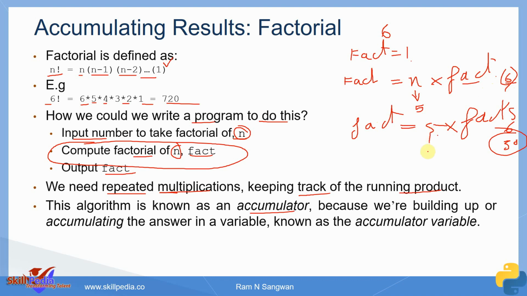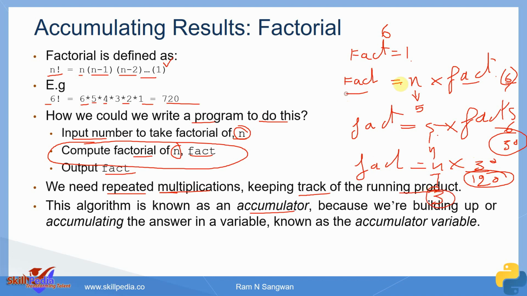And the value of n is decreased, that is 4. Now FACT is equal to 4 multiplied by FACT, which was 30. That is 4 into 30, that makes it 120. So FACT is now 120. This is further reduced to 3.